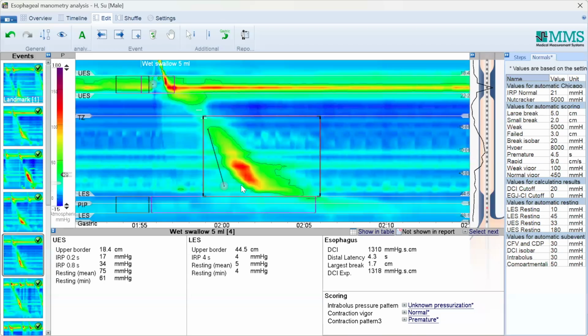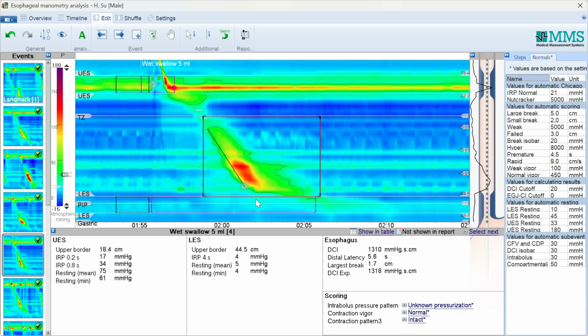There will be spasm here because again, the inclination will be down. So distal latency is the criterion for distal esophageal spasm. Okay, so that's another value that people should keep in mind when they look at this.